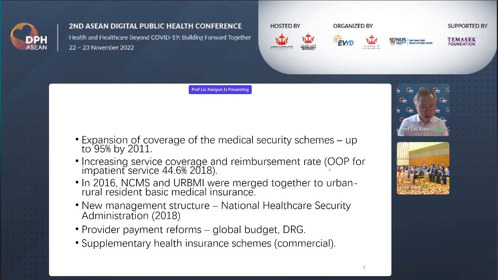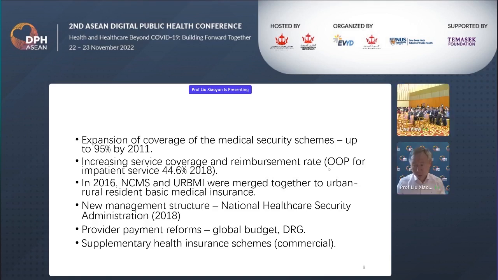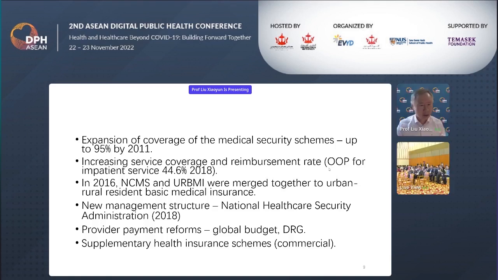In terms of the health financing system, it's already universal health insurance coverage. And then the service package is increasing, and also the reimbursement rate increased, so the out-of-pocket payment is about 44% in the year of 2018.